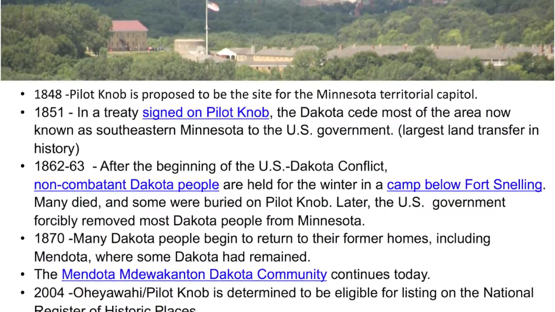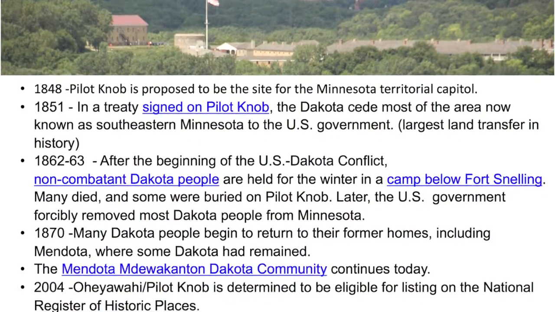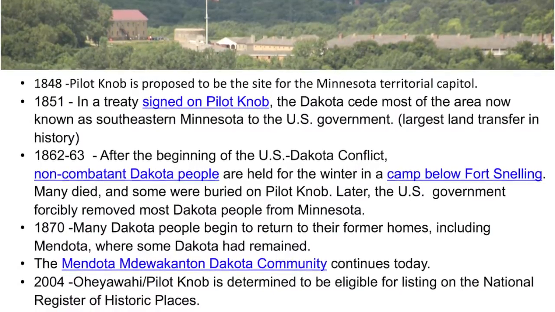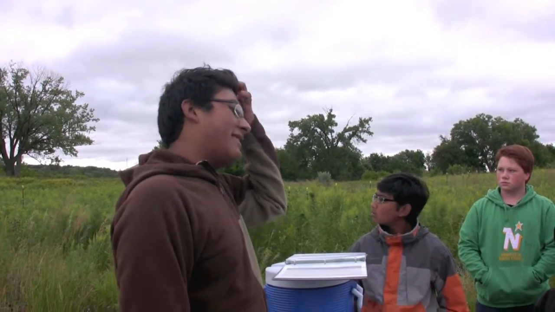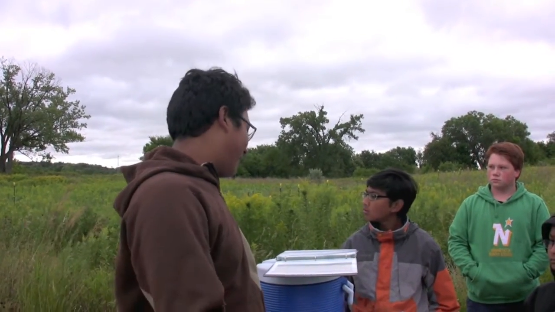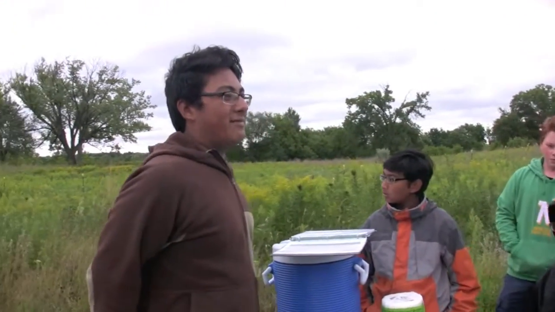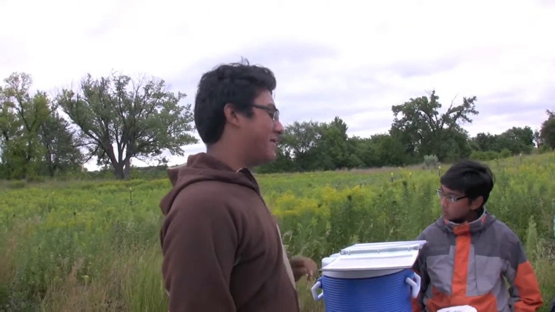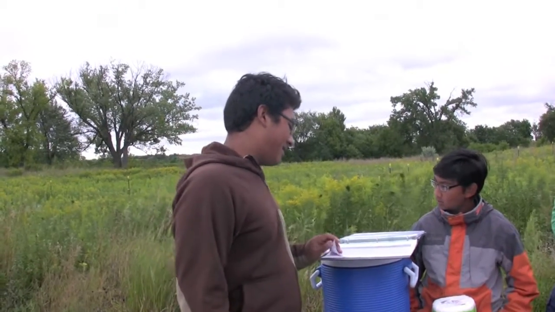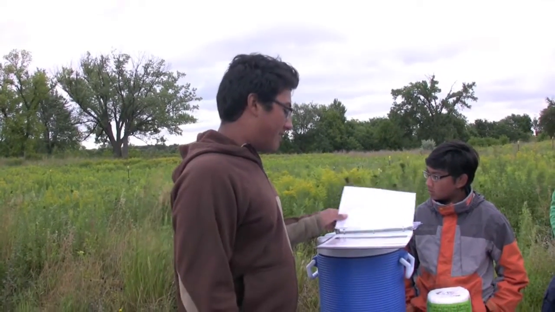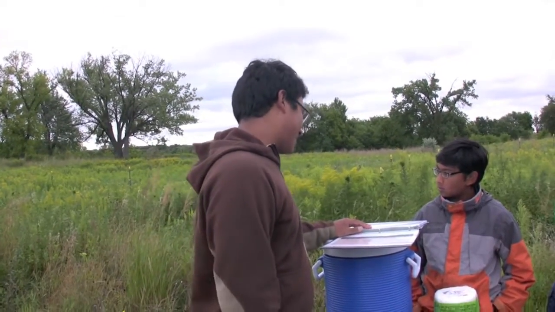Then in 1862-63, they took all the Dakota and held them for the winter on the opposite bank over there, where many of them starved to death, and some of them were buried here. They were given no food, no clothes, nothing. They just died over there. Some of them were buried here, so they hold this place very dear to their hearts.